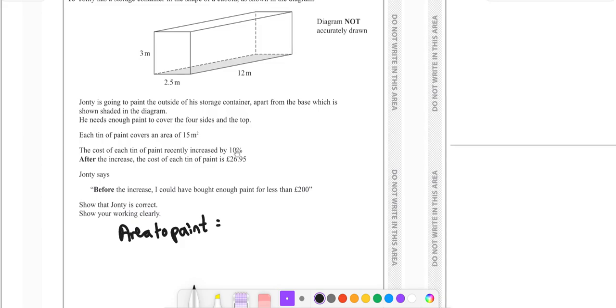Which is the ends, so 3 times 2.5, and there are 2 of them, plus the 2 longer sides is 12 times 3, and there are 2 of them, plus the top, which is 2.5 times 12.